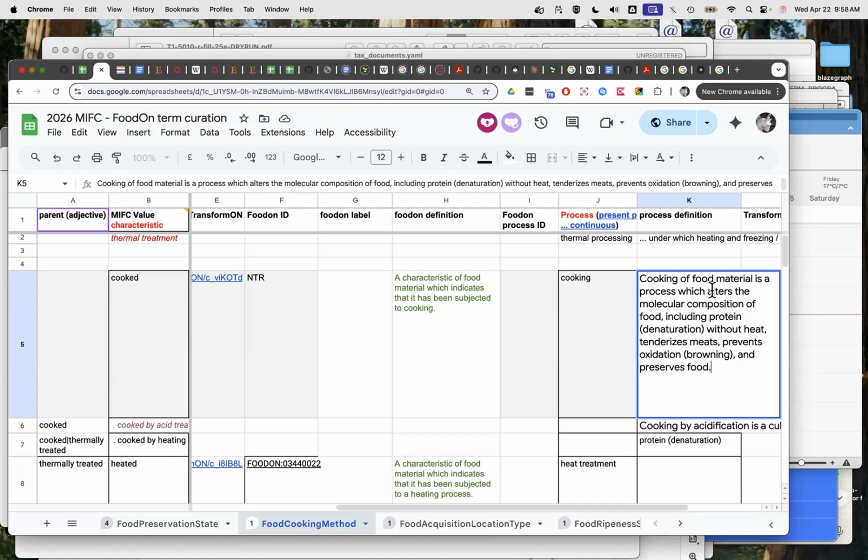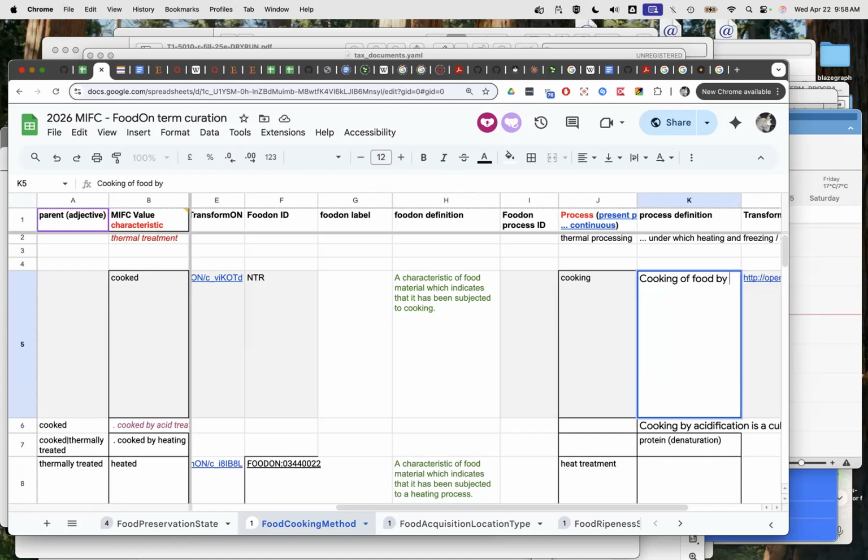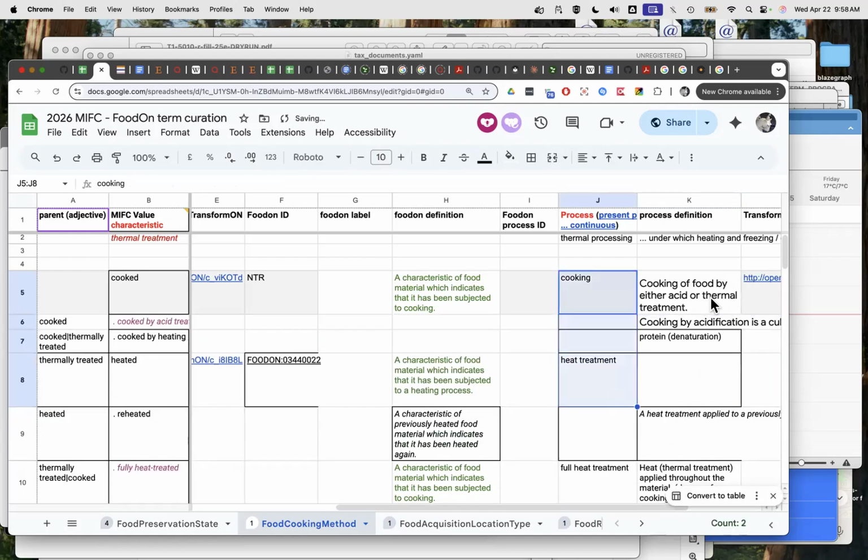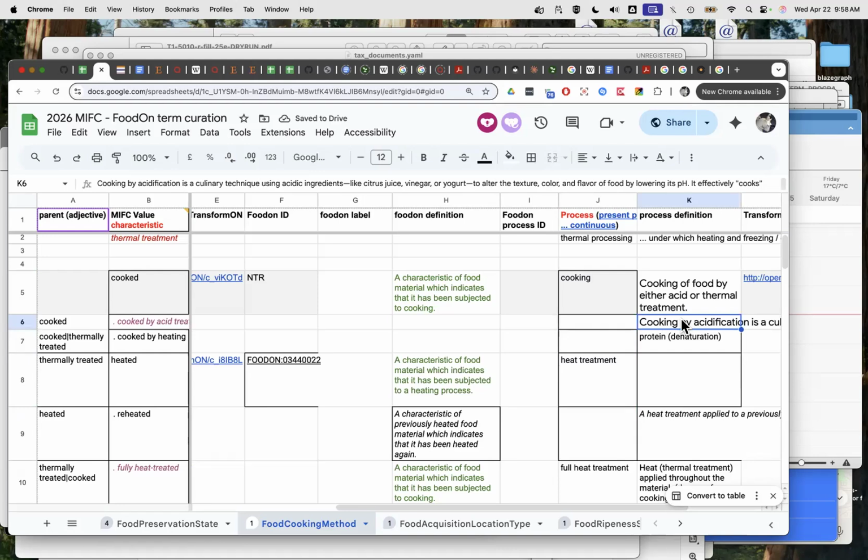Well, one way to transform this problem is to define cooking of food either by acid treatment or thermal treatment. And that just shifts the job down to us doing a better job of cooking by acid treatment or by heating. Okay.